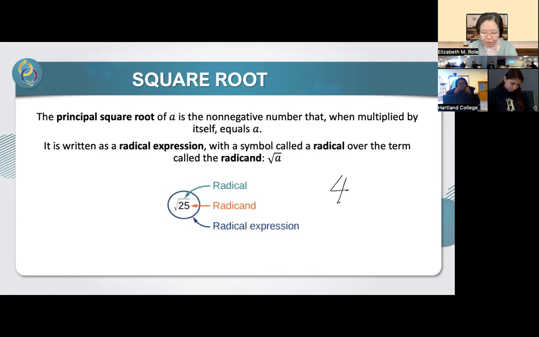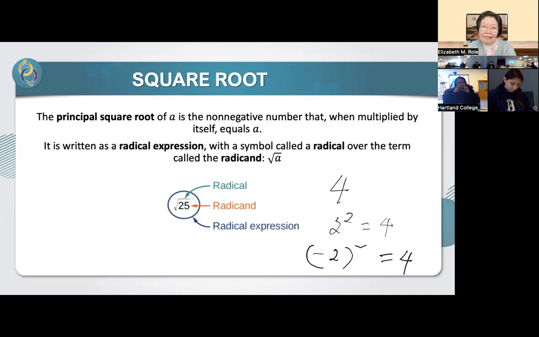You know that 2 squared is 4, but at the same time, negative 2 squared is also 4. But we are more interested in the principal square root, which is the non-negative number. So if I ask, what's the principal square root of 4? The answer is 2, although negative 2, if you square it, will also be equal to 4.